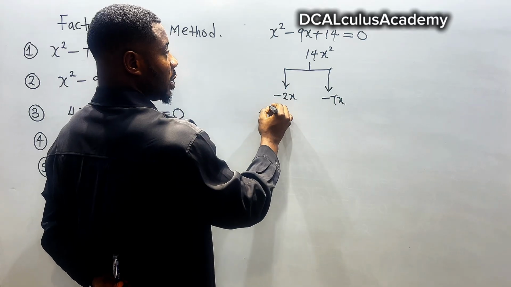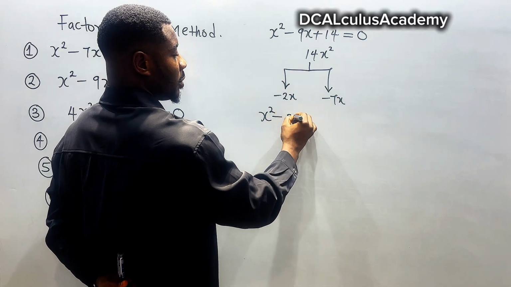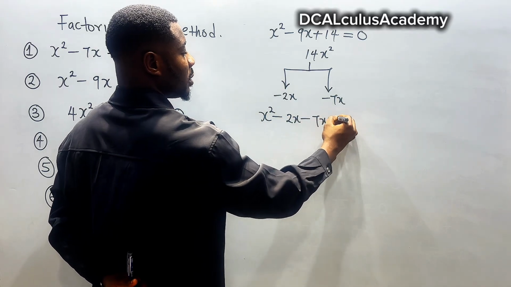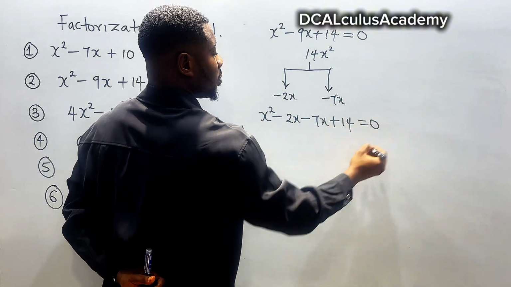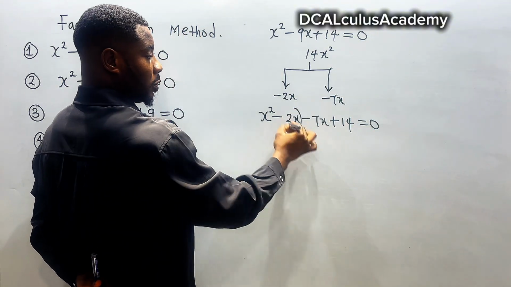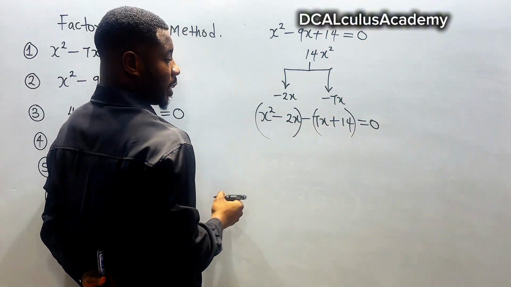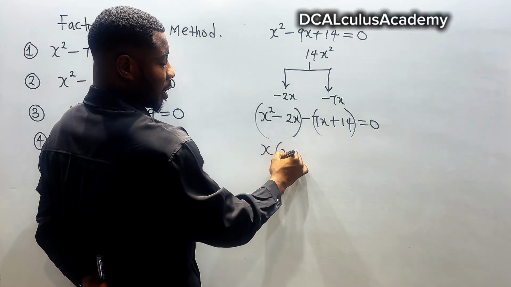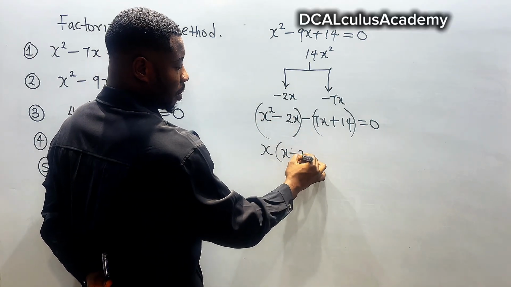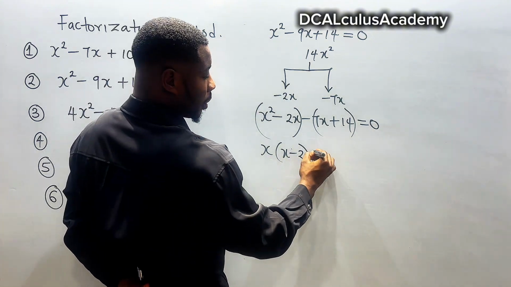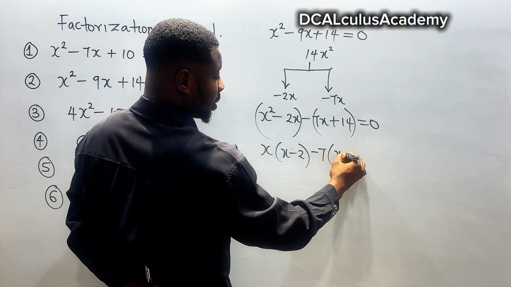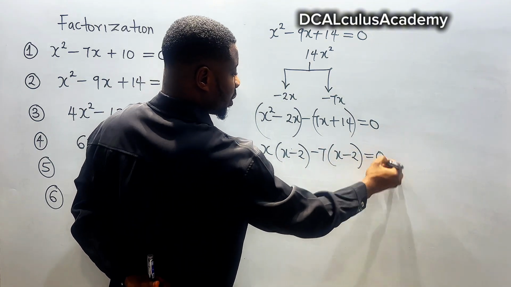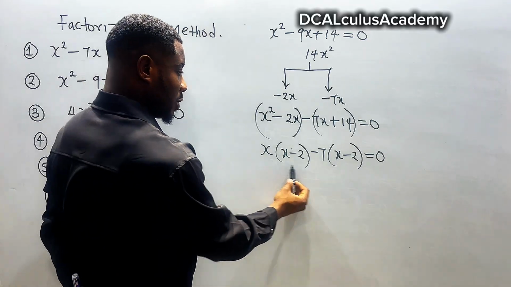So I can proceed to say x squared minus 2x minus 7x plus 14 is equal to 0. So I'm going to group again. When I group, x is common here. If I bring out x, x will be left here and minus 2 will be left here. Then if I bring out minus 7, we have x minus 2 again. Now at this point, you can see that x minus 2 is common.